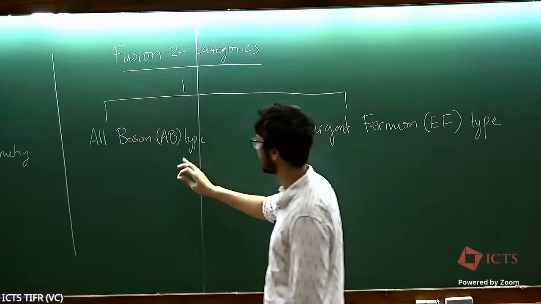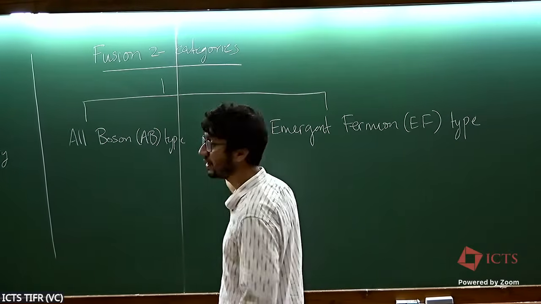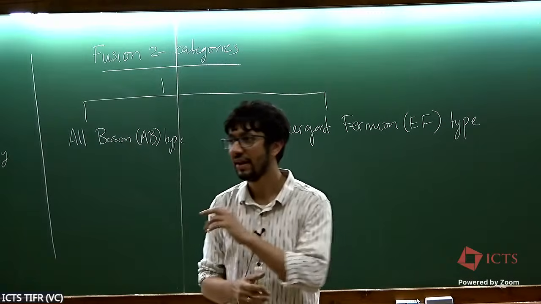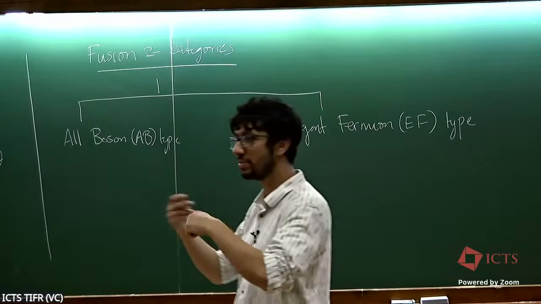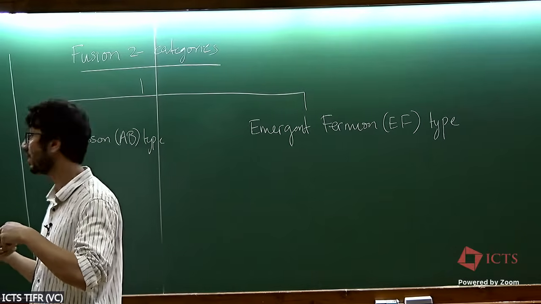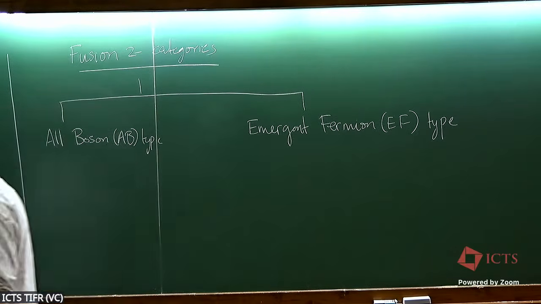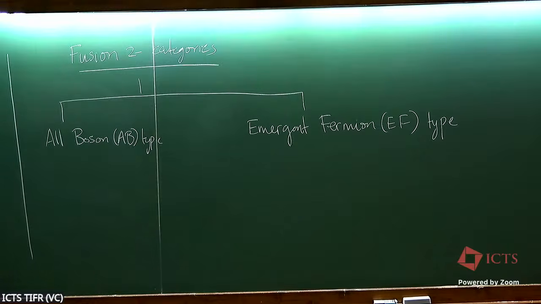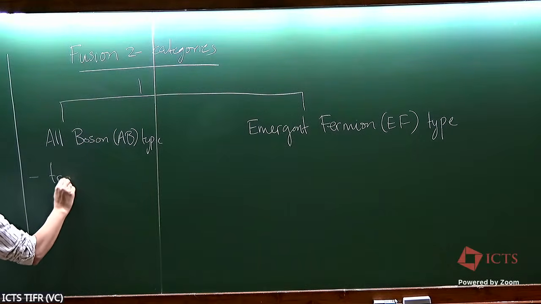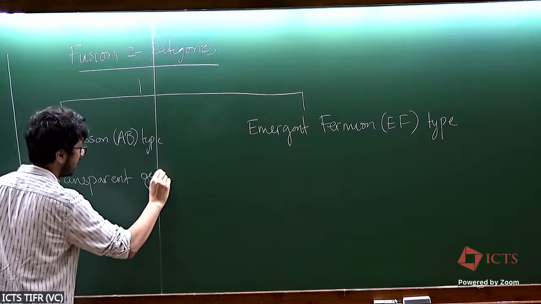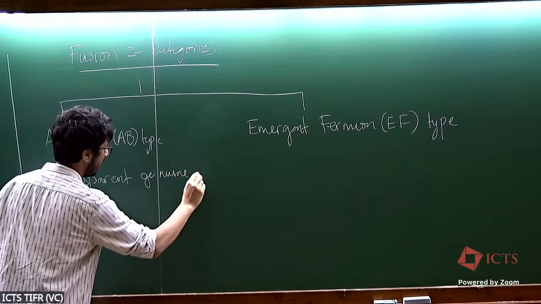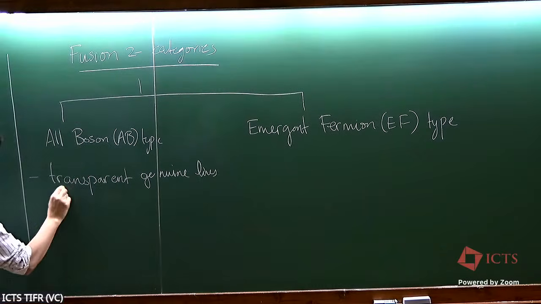And the distinction between these is, so you can take any fusion category and look at its genuine lines. And in general, those genuine lines might braid with other lines in the symmetry category. However, there's some subcategory of transparent lines, those that braid trivially with everything else. So for these, the transparent lines form rep-G.